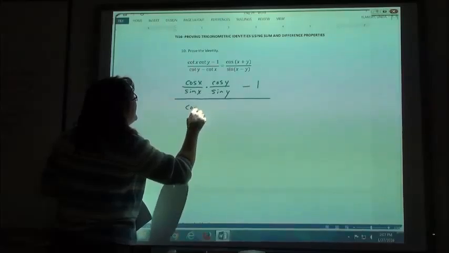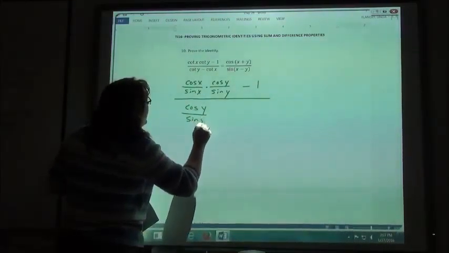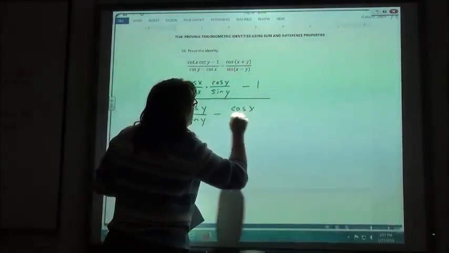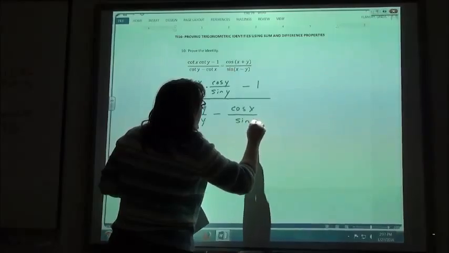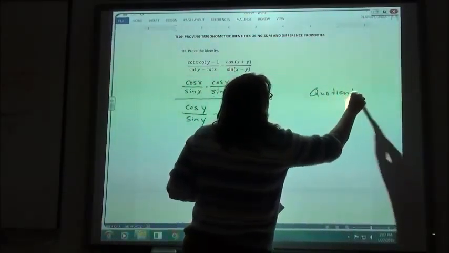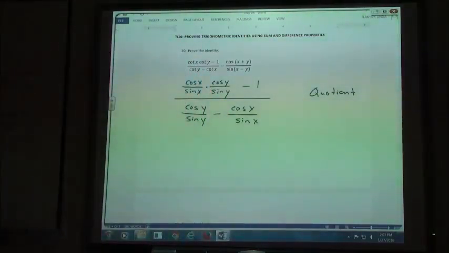So cosine of y over sine of y minus cosine of x over the sine of x, using my quotient identity to replace all of my cotangents with cosine over sine.